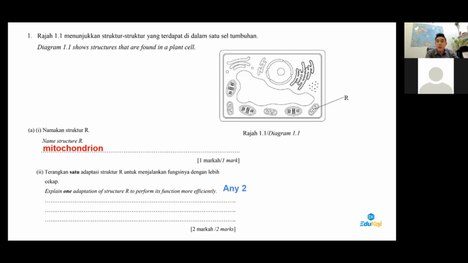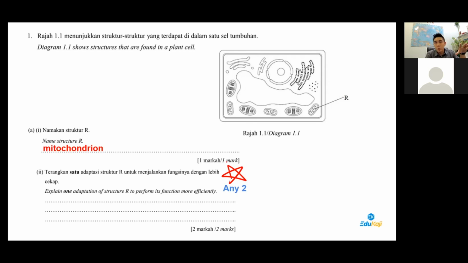Guys, structure R is obviously mitochondria. And this is a very typical question. They ask you one adaptation. Now, there are many answers. I'll show you all of it, and you can check whether it matches your answer.